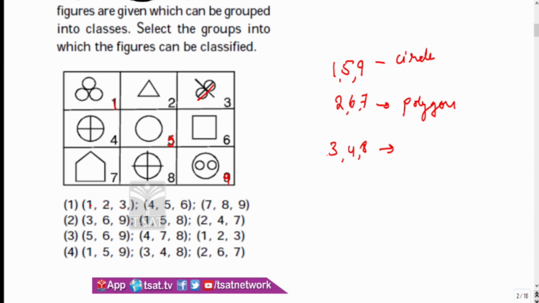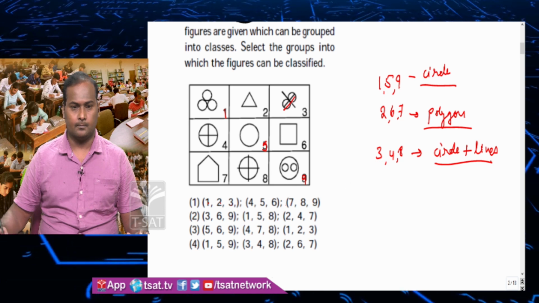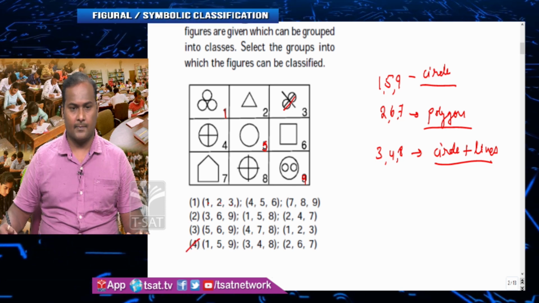So the character is circle plus lines. The student needs to recognize these characters, whether circles are given, or polygons, or circles and lines both. Based upon this, option 4 is the answer.